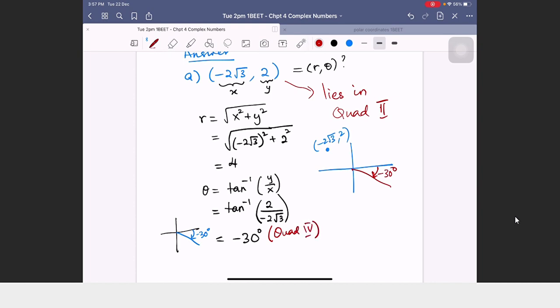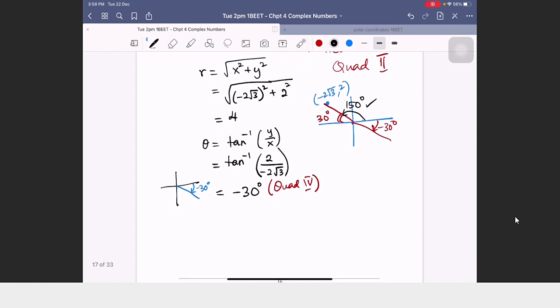So you need to find the angle in quadrant 2. You use your concept of reference angle. This is 30 degrees, so the right angle, which lies in quadrant 2, is 150 degrees. So this is the right angle.